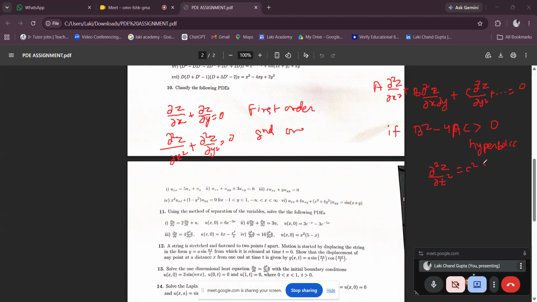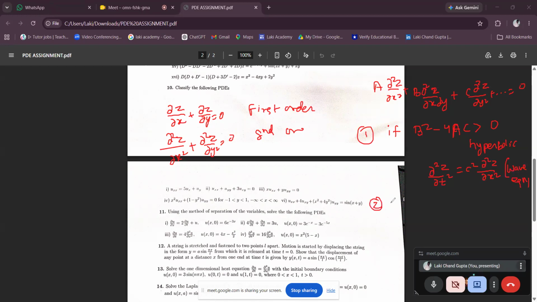C squared. Okay, you can check. And this is generally the wave equation. Okay, this is first PDE, right? Yes.